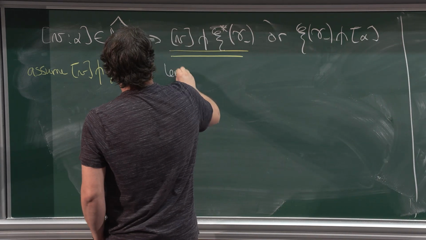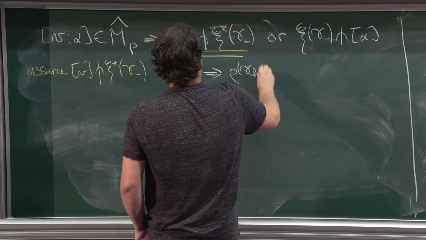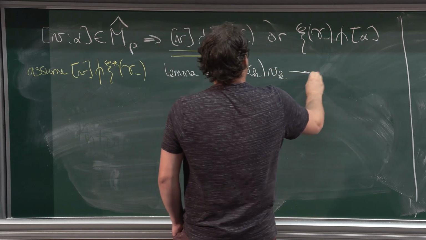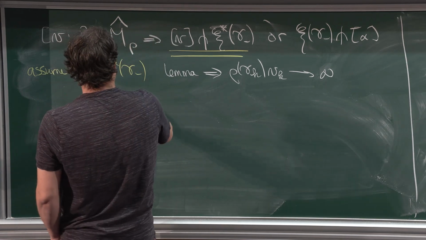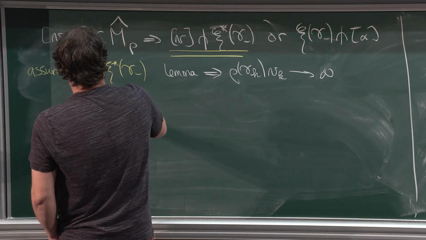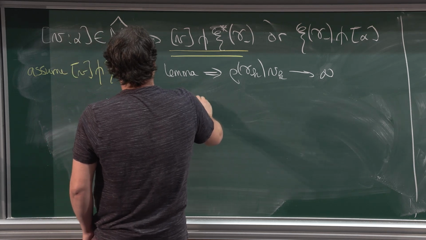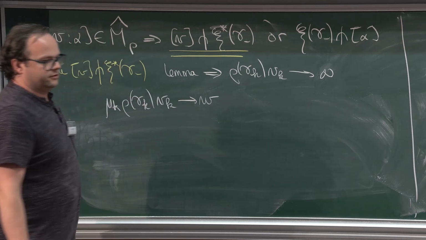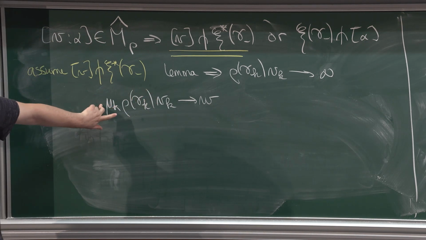So this lemma tells us that rho of gamma_k v_k is going to infinity. Now we have that mu_k rho of gamma_k v_k was converging to some vector w. So if this is going to infinity, the scaling factor has to go to 0.